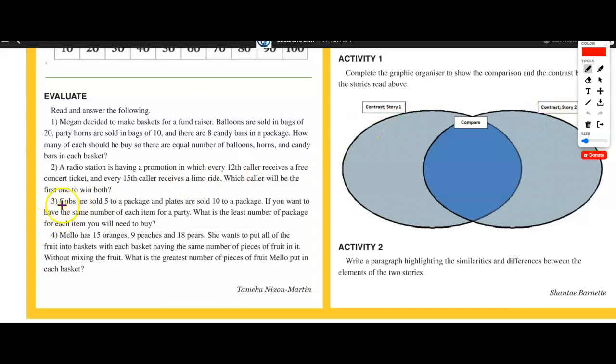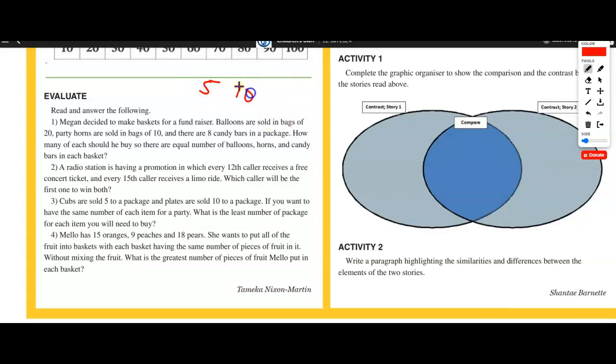All right, so here we have, this says Cubs, but they should be cups. Cups are sold 5 to a package, and plates are sold 10 to a package. And if you want to have the same number of each item for a party, what is the least number of packages for each item that you would need to buy? So again, we're looking at the LCM of 5 and 10.